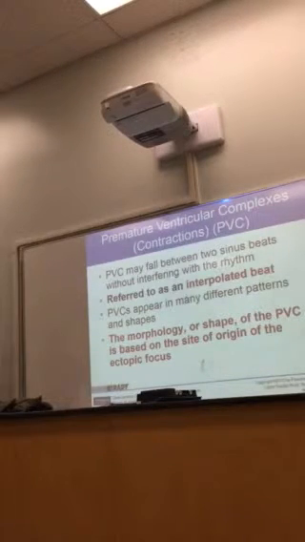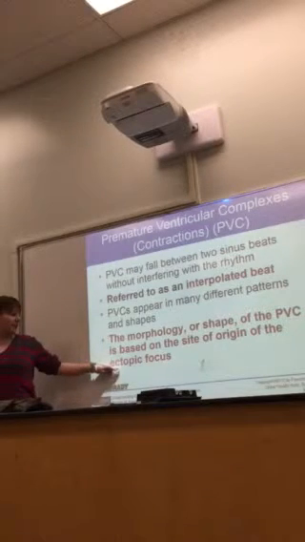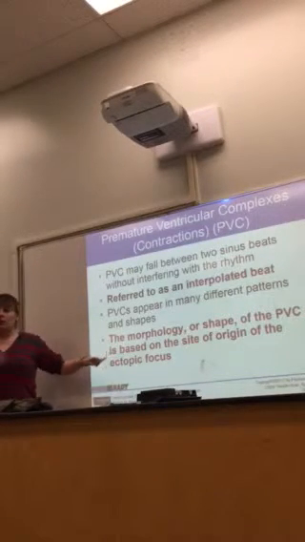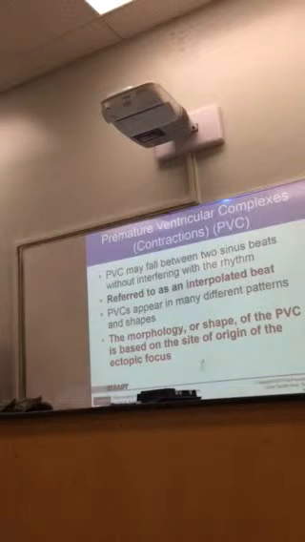When you start seeing more PVCs, you can see non-uniform PVCs, because there's more than one place in the Purkinje fibers shooting off these PVCs. Depending on where it is in the heart determines what they look like, but they should still maintain the regular beat. Their shape could be different.